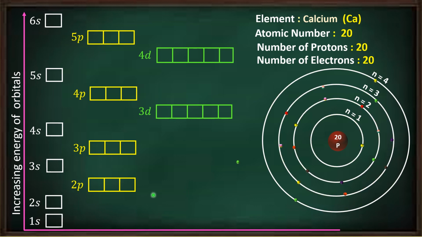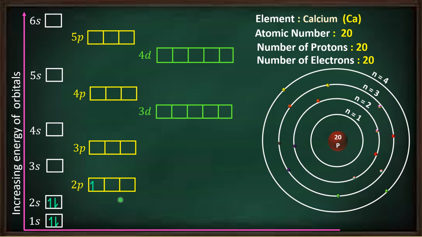So the first electron enters into 1s orbital. Second electron enters into 1s orbital, isn't it? Third electron enters into 2s. Fourth electron pairs up with the electron in 2s. Fifth electron occupies one of the empty orbitals of 2p.